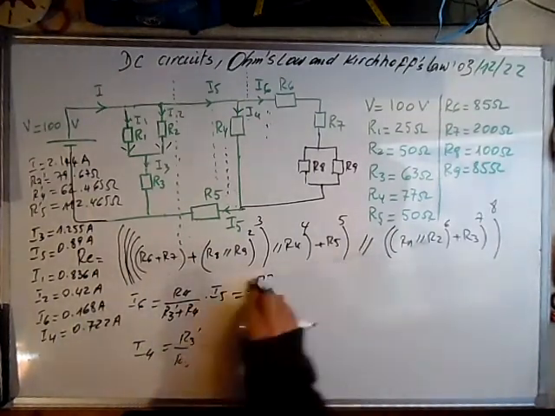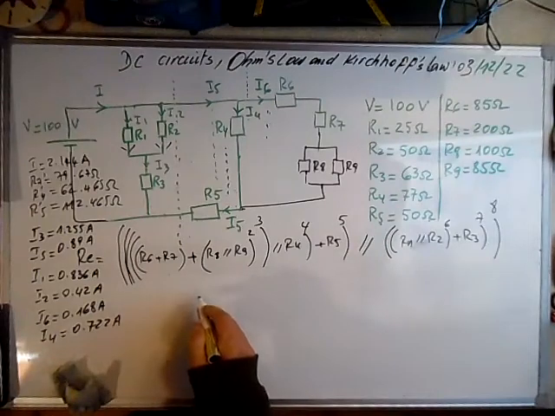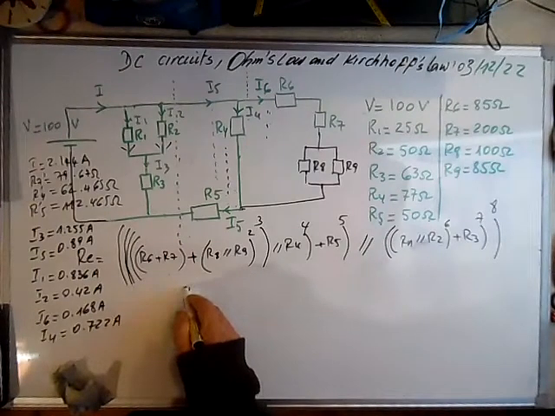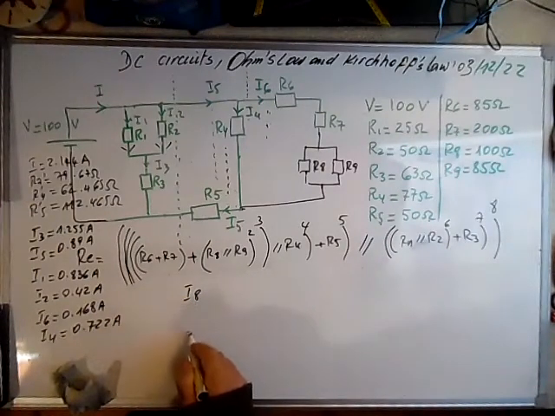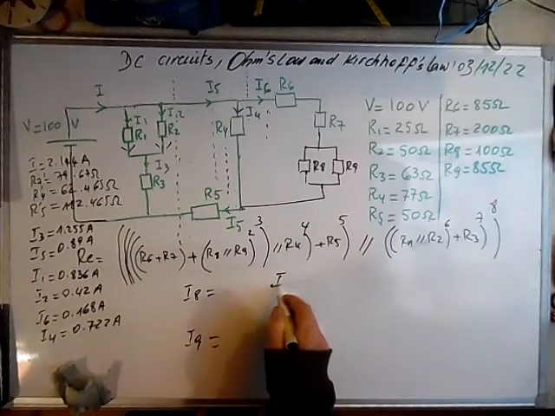We are left with I8 and I9 to calculate, and we finish our exercise. It means I8 and I9 in function of I6.